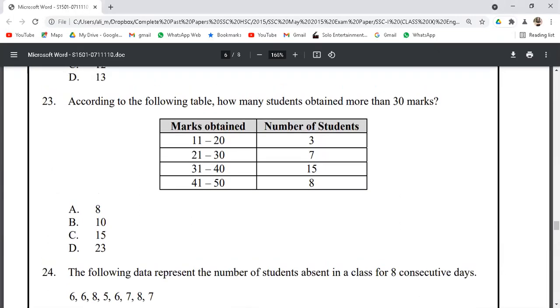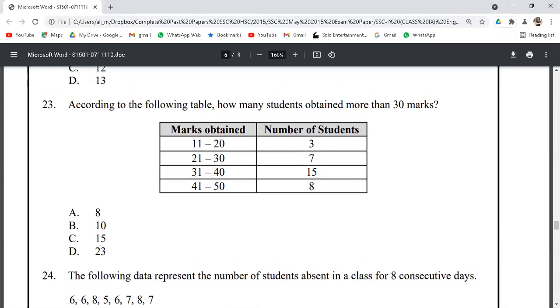Let's see question number 23, and in this question how many students have obtained more than 30 marks? हमें बताना है कौन कितने स्टूडेंट्स ने 30 से ज्यादा मार्क्स को गेन किया है। So how many students have obtained more than 30 marks? 30 से ज्यादा marks.